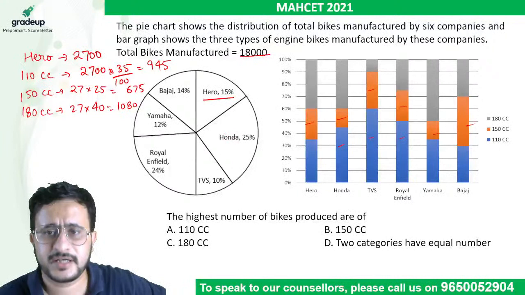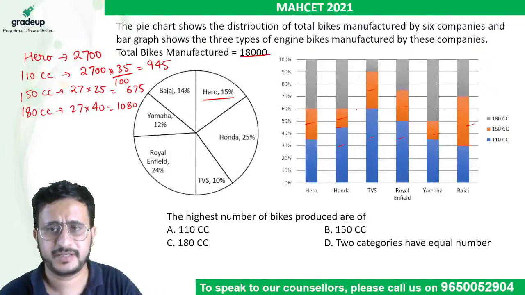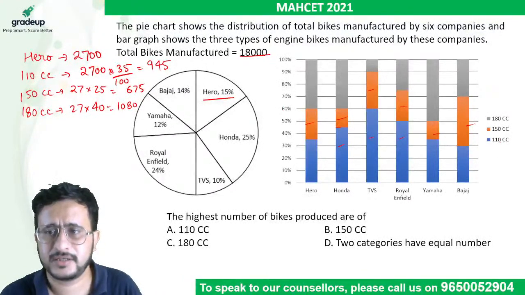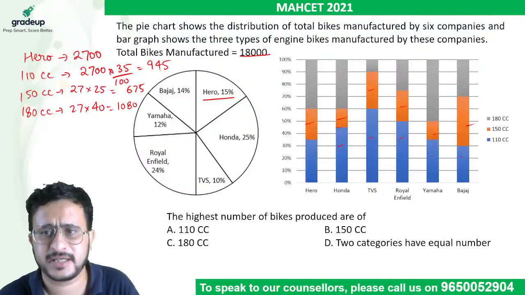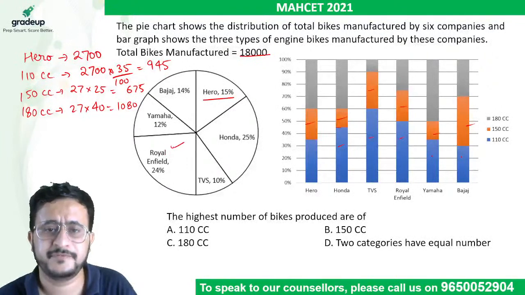Now Honda has a high share. In Honda you have 45 here and 40 here, so 110 cc is high in these two. 180 cc is high in Yamaha and this category. But if you see Royal Enfield, this is 50%, this is just 25%, so it is taking a good difference.